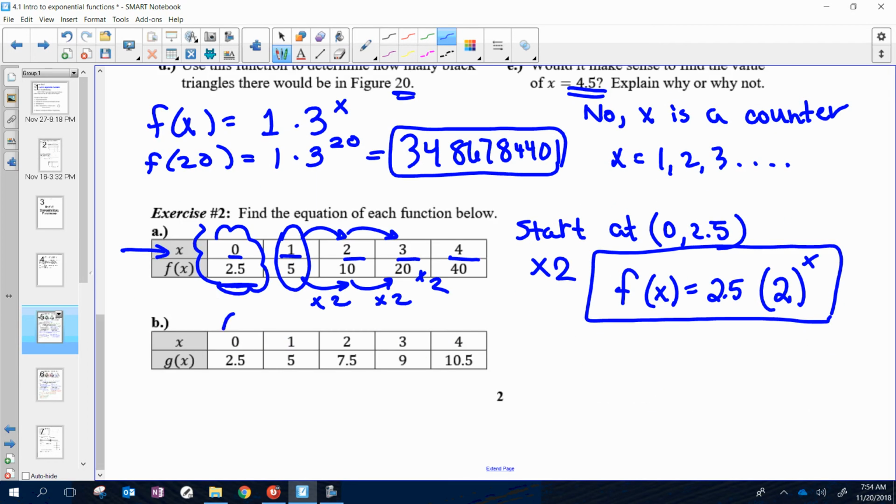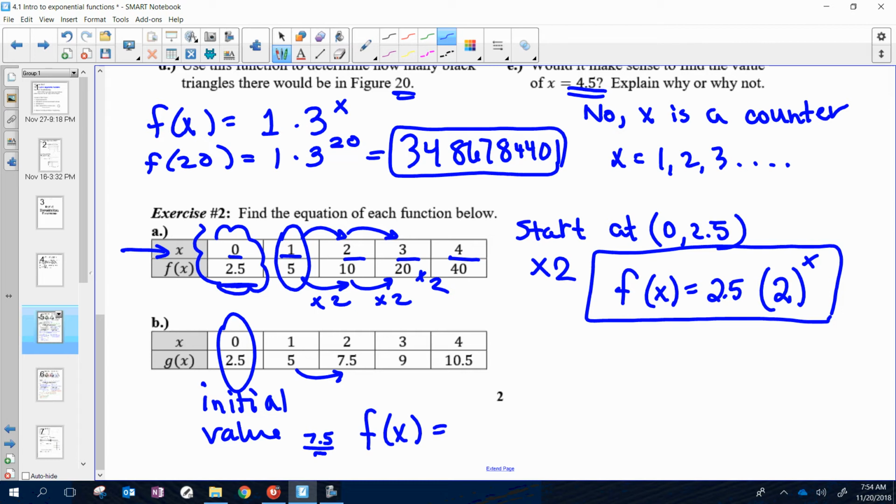In the next one, we're starting with our initial value. I'm going to call that the initial value now because I know you've heard that before. So our function would be, what are we multiplying by? Ooh, that's not nice. If you want to figure out what you're multiplying by, you could always divide. So I'm going to go to my calculator and take 7.5 and divide it by 5 to see what I was multiplying by.